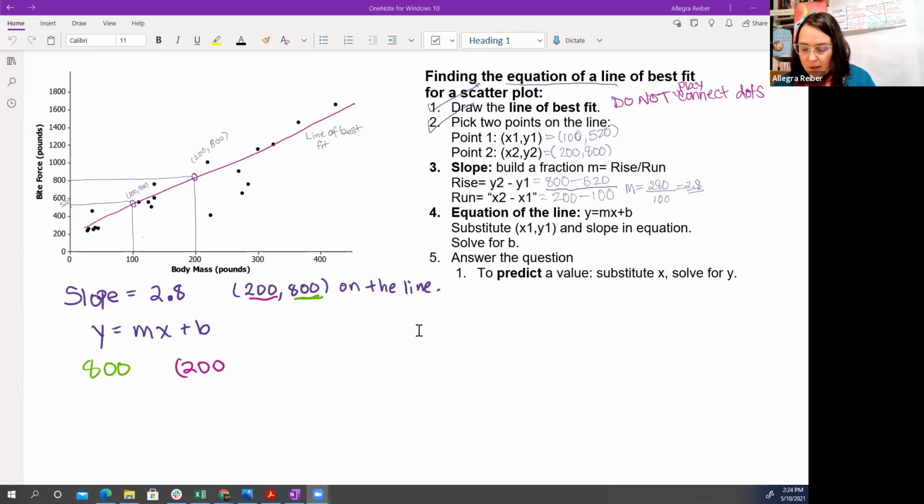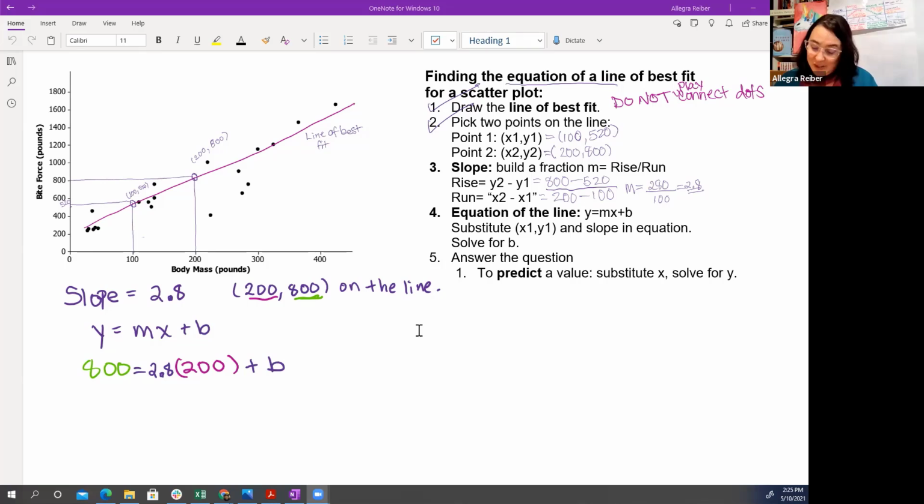And I know I'm multiplying that x value by 2 8/10. And I'm going to add b. So 800 should equal 2 8/10 times 200 plus b.